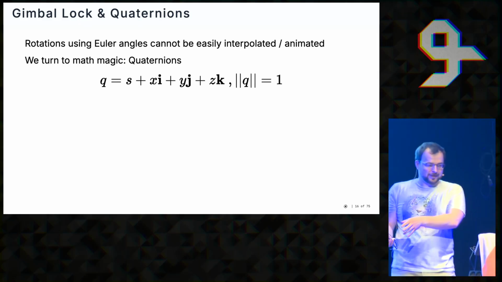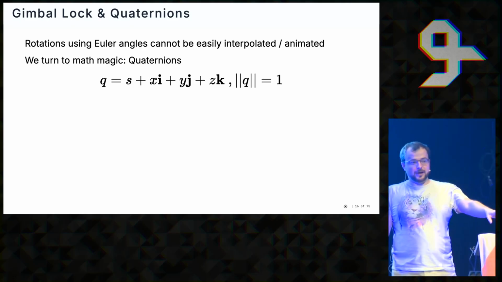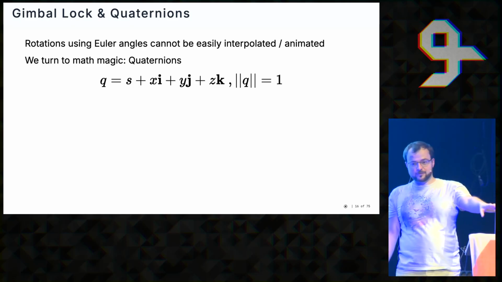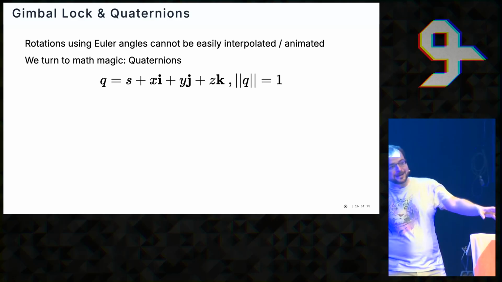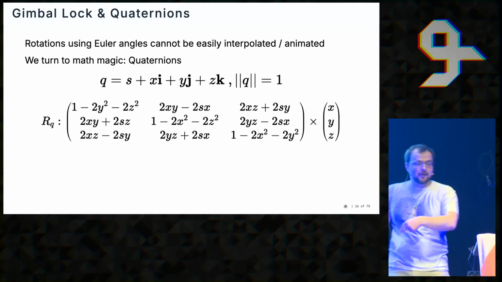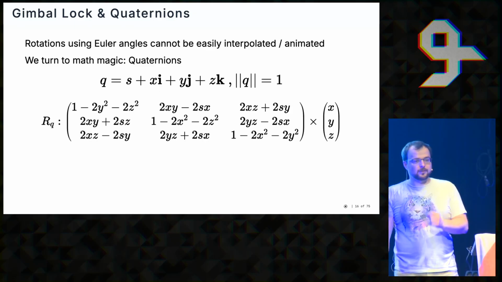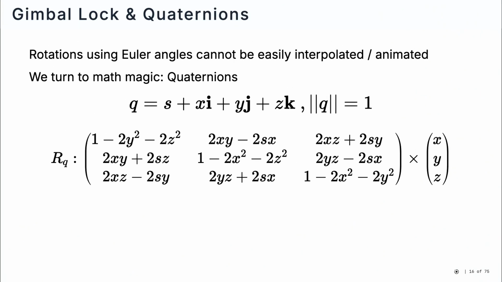So these are always normalized vectors, but they can be used to express rotations, and this is out of the scope for this talk to explain how this works. But you can then transform a quaternion relatively simple into a rotation matrix, and the cool thing about quaternions is they can be interpolated nicely and they will always result in a smooth rotation from one point to the other, which is really useful for animations or anything moving.